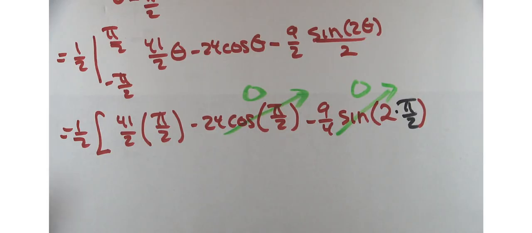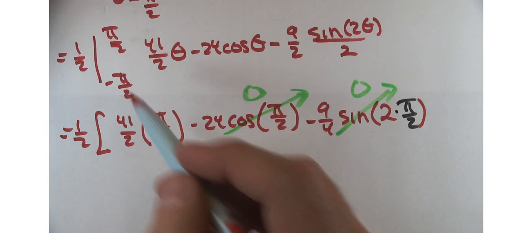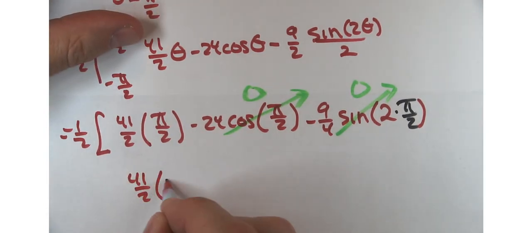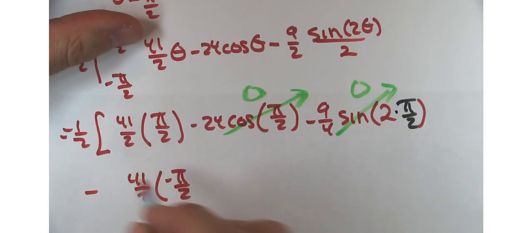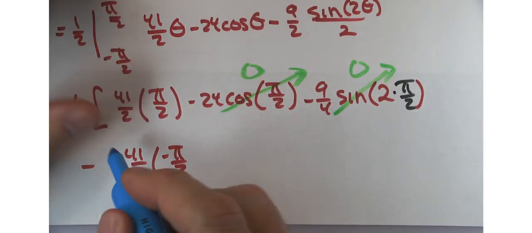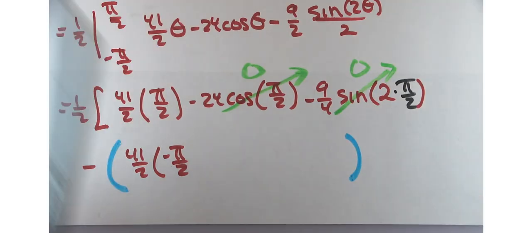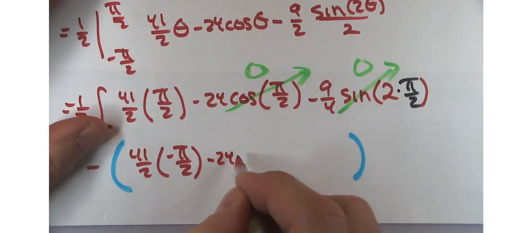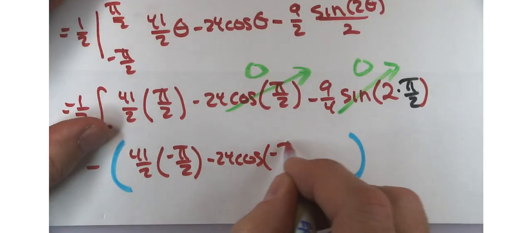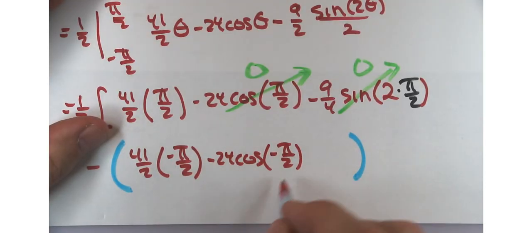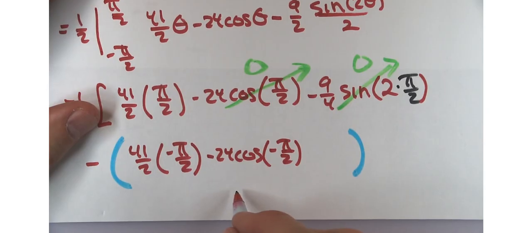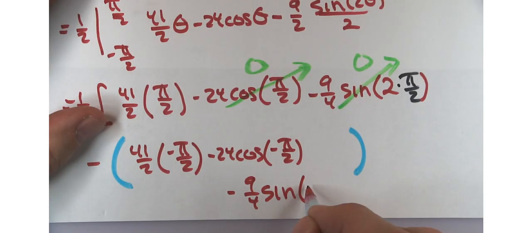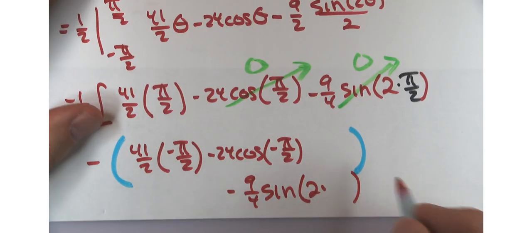Let's take a look at what happens on the second part. When we do our lower limit, that's going to be 41 over 2 times negative pi over 2. By the way, we're subtracting all of this. Minus 24 times cosine of negative pi over 2. Minus 9/4 times sine of 2 times, again, negative pi over 2.